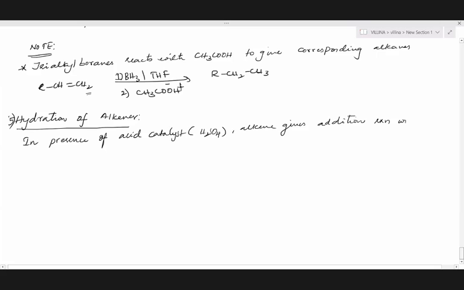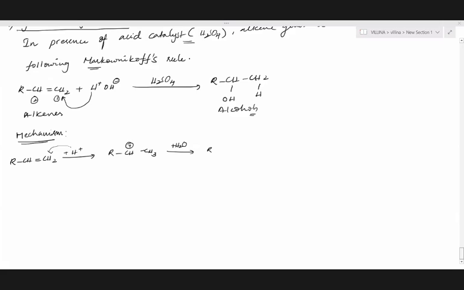In presence of an acid catalyst, that is H2SO4, according to the regular Markovnikov's rule, will the hydrogen be added to the first carbon or the second carbon? It will be added to the first carbon, because according to Markovnikov's rule, the H plus of the reagent adds to the carbon containing more hydrogens.